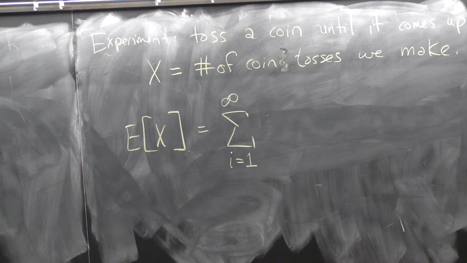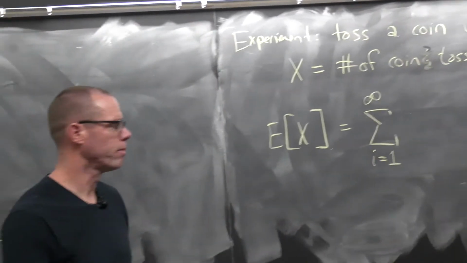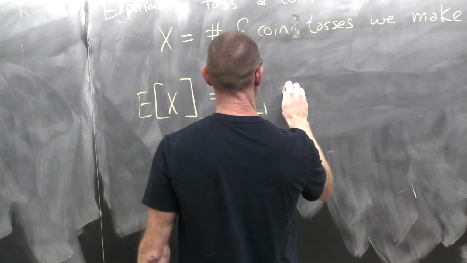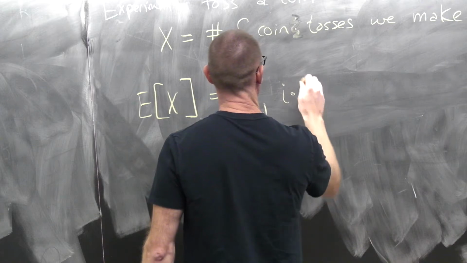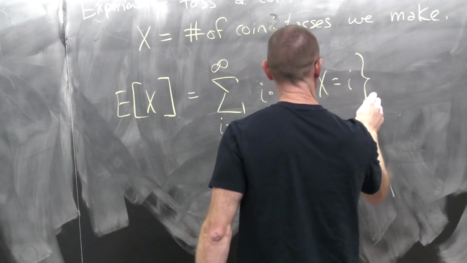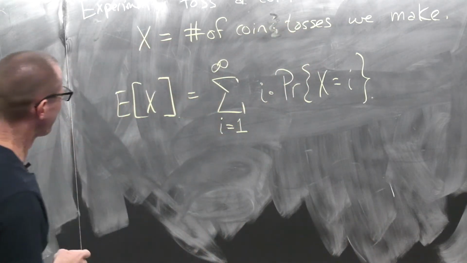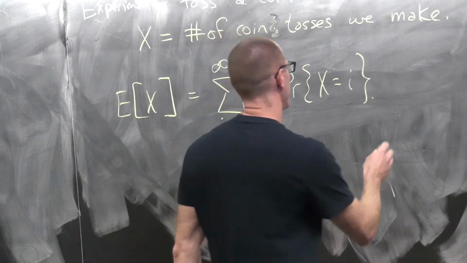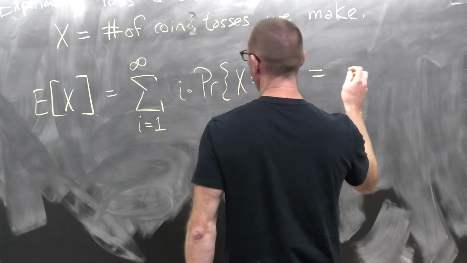We get n minus 1 tails, and then we get the first heads. So we would be summing i times the probability that X equals i. Well, this I kind of know, or I can figure out easily.